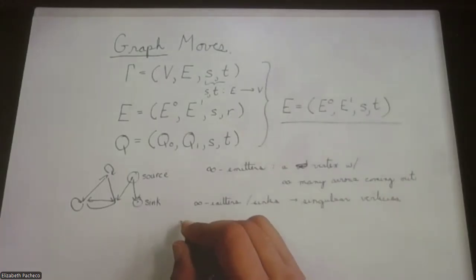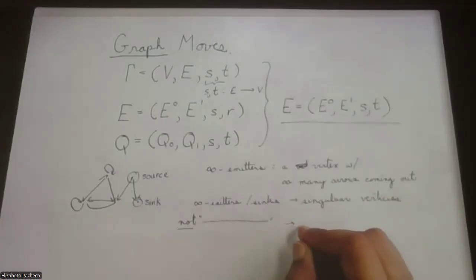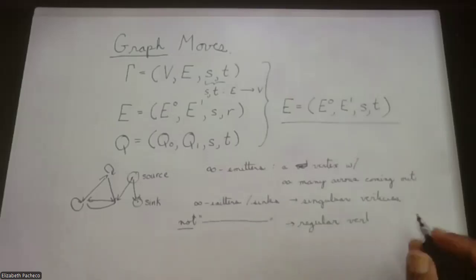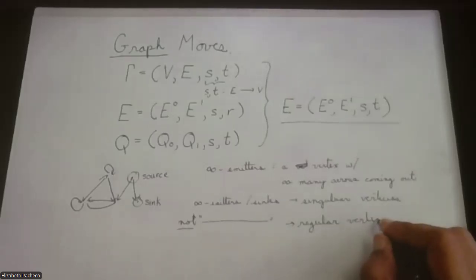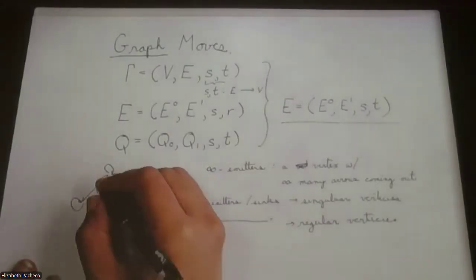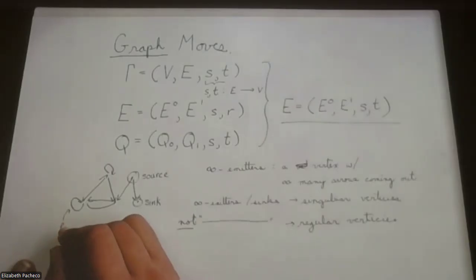And if you're not an infinite emitter or a sink, you are a regular vertex, which is so much more comforting. Well, I guess not infinite emitters, also you would be regular vertices. I should be consistent with what I have written above. Okay. So yes, and I'll also label these guys. Closed paths of length 1, these are loops.